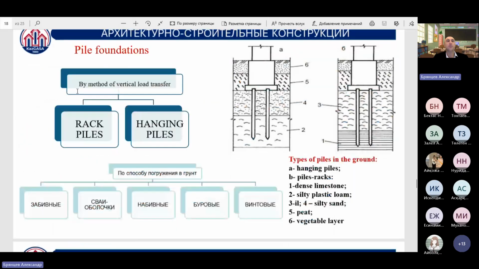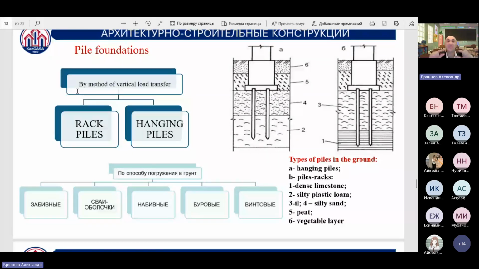Next one is pile foundation. So pile foundation, zweinig fundament, is used when the upper soil layers have insufficient bearing capacity, so they are very soft.